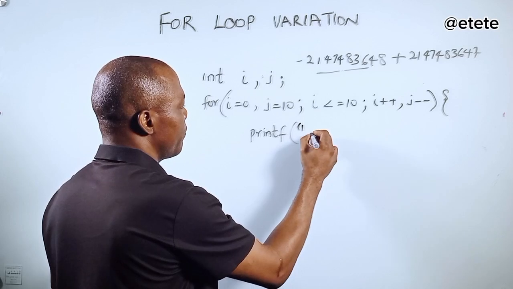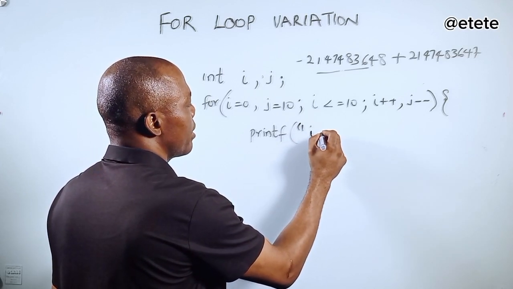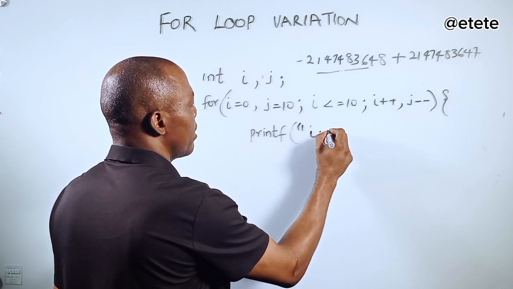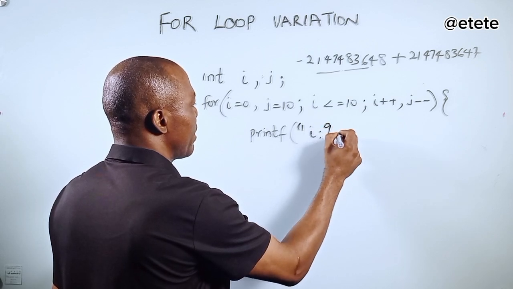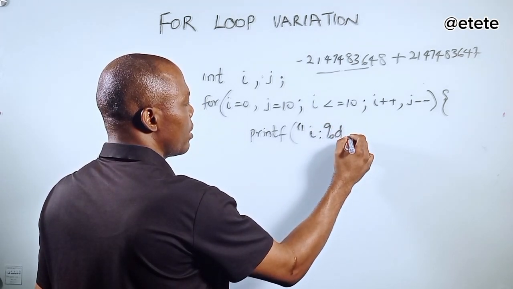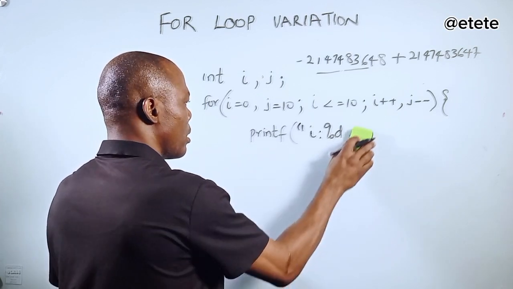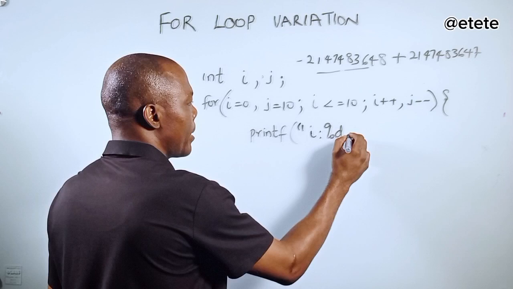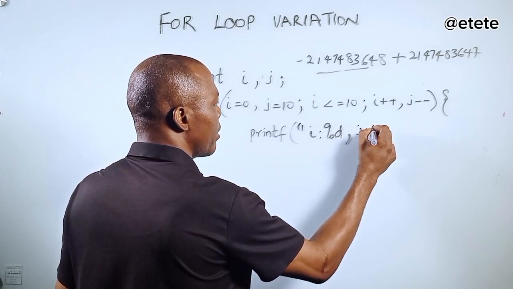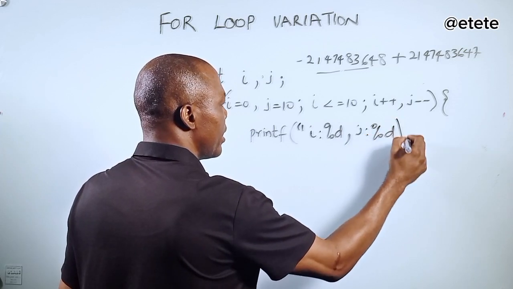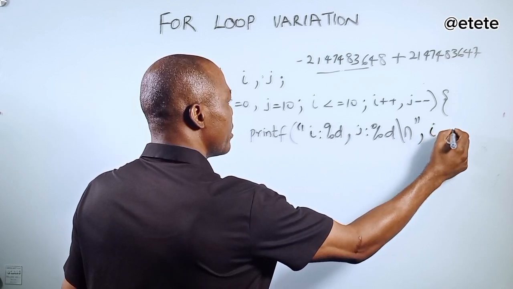I will say printf, %d for i, then comma j, %d, then \n, comma i, j.